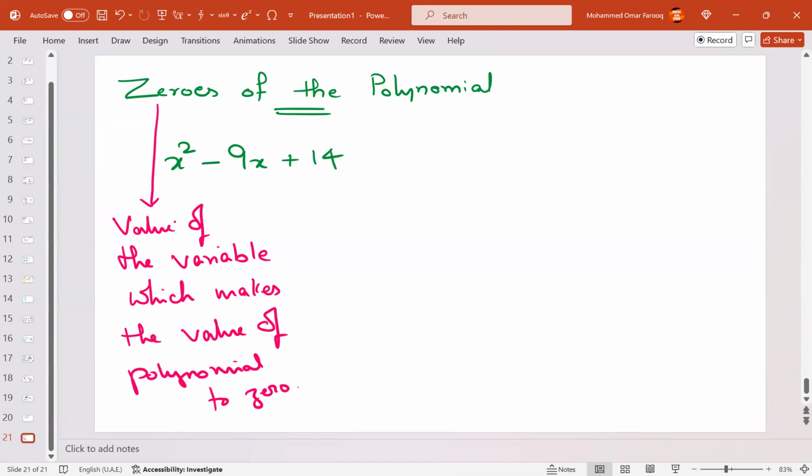That means if you substitute the value of that particular variable, the value of that polynomial will be 0.